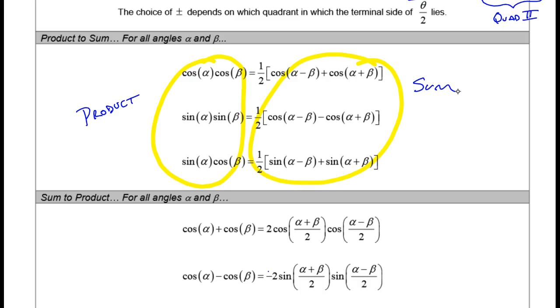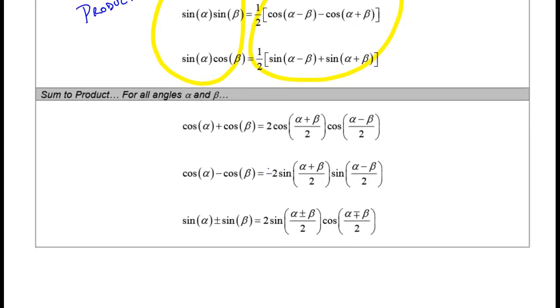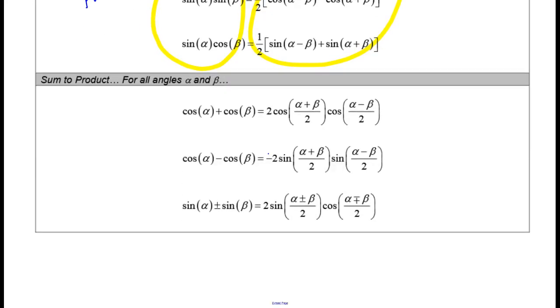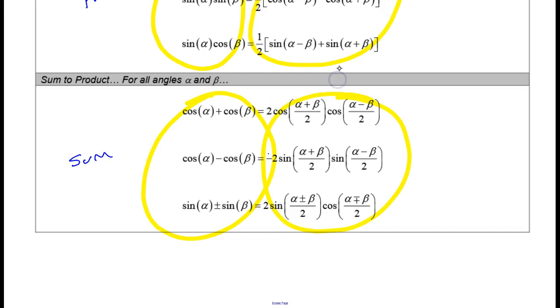These will be given to you on the test if we need to use them. But it's doing exactly what it says it is. We're changing a product of two numbers to a sum or difference of two numbers. The sum to product formulas do the opposite. Sum to product formulas take a sum or difference and turn it into a product.